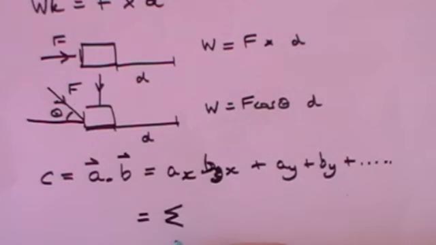In its most general form, you sum over i, A_i B_i, where i runs over the number of dimensions you're dealing with. I have simply been restricting it to 2, the x and the y directions.